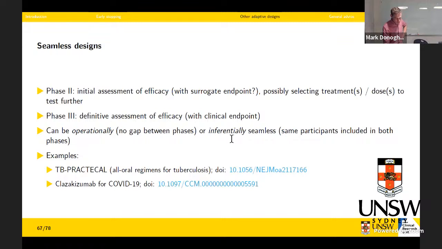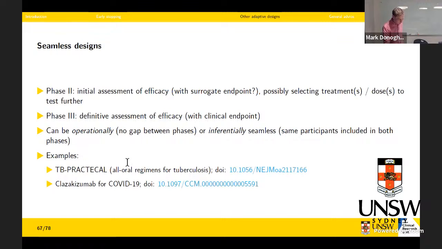Or it can be inferentially seamless, which is where the same participants are included in both phases. So again, this phase 2 might be short term, and then you can follow up those same participants if things are looking promising for those longer term outcomes. And you can do analyses that take that into account. And just a couple of examples.